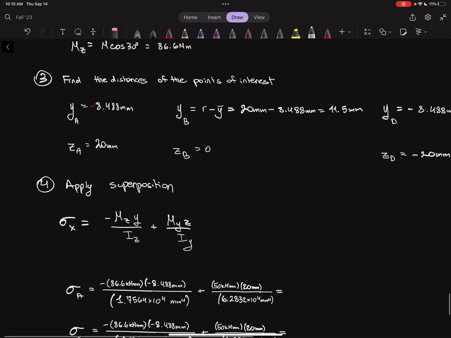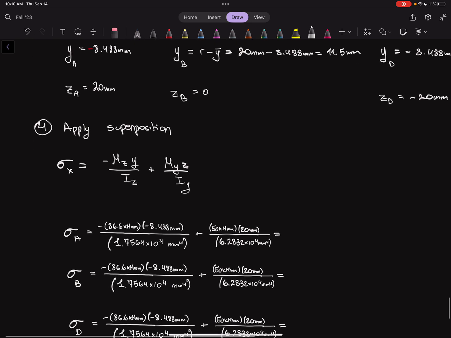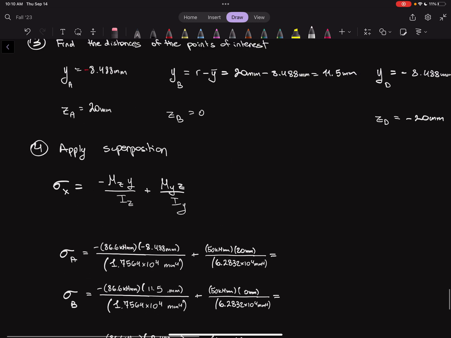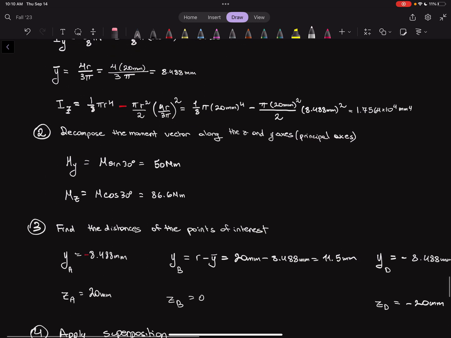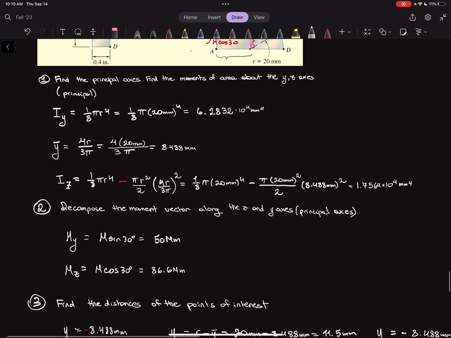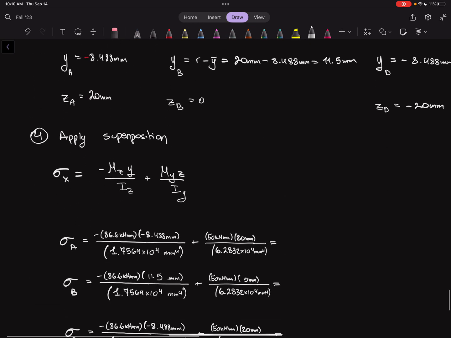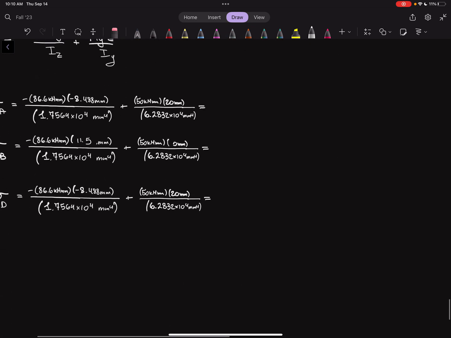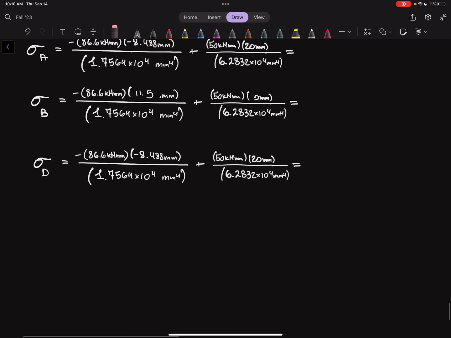My yB is going to be positive 11.5 and zB is just going to be 0. My D is going to be minus 8.488 and minus 20. So both of these are going to become negative.